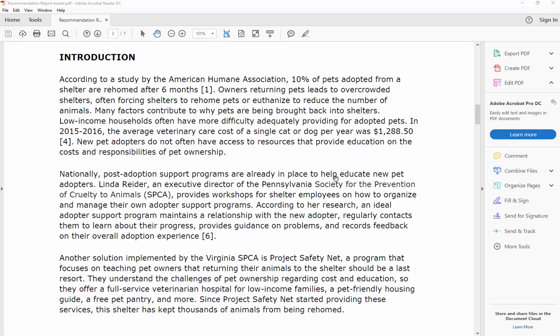The idea of an introduction in a technical setting is to grab the reader, give context, offer background, and also provide what's called a literature review. The literature review essentially summarizes the main conversations that are happening around the topic. So here you see a lot of citations, a lot of data, and a lot of facts.